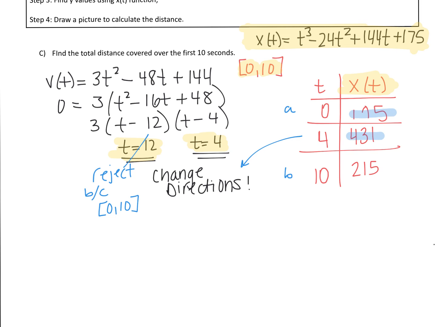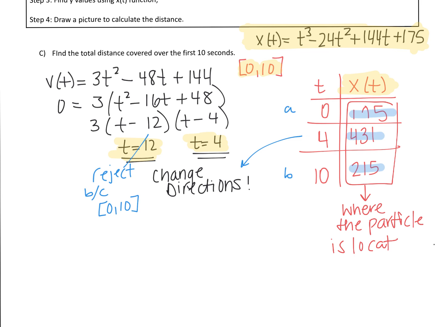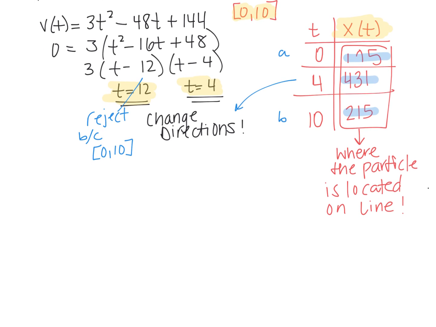So 175, 431, and 215, these values here are where the particle is located on the line. Okay, so all these things are going to come together now, and we're going to draw our picture to get our distance.